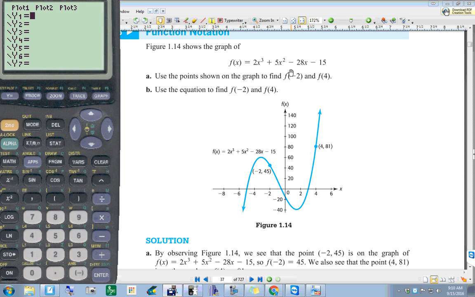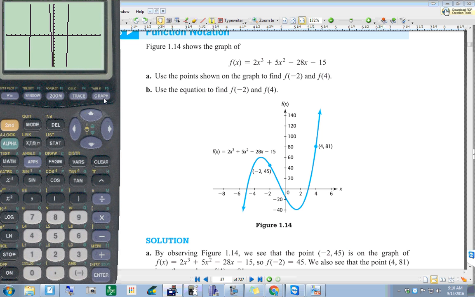You can plug this in. So we would take 2x, raise that to the third power, plus 5x squared minus 28x minus 15. And if I graph it out, I get some weird looking stuff.